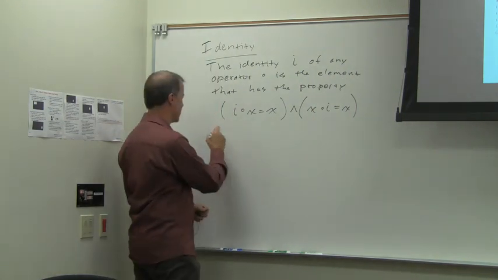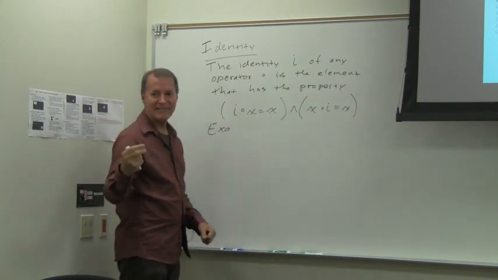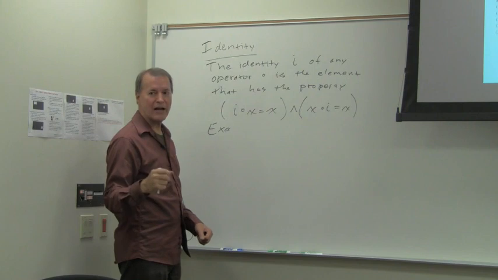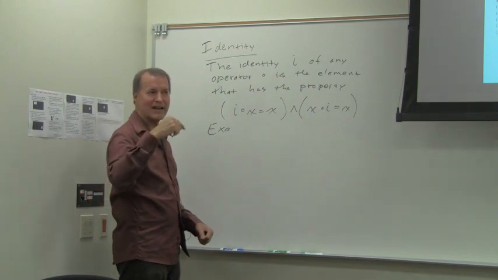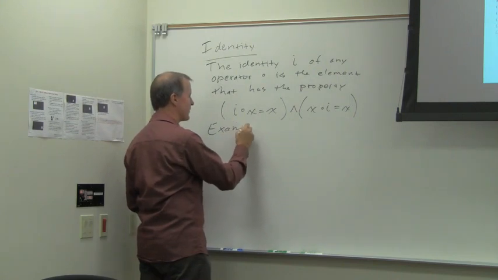Now let me give you some examples that you're familiar with already. Zero is the identity of addition and subtraction, and 1 is the identity of division and multiplication. Well, we normally say addition and multiplication. Okay, let me write those down.